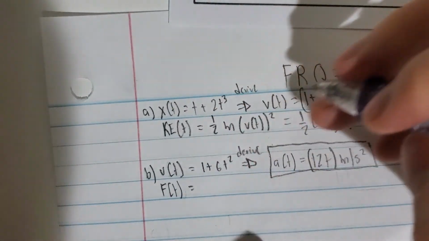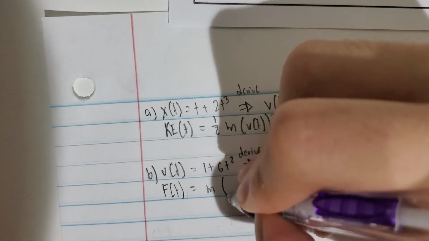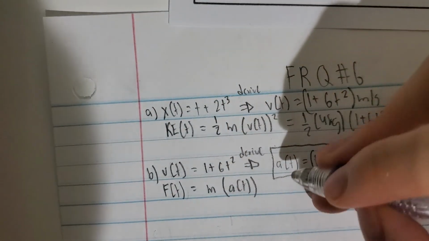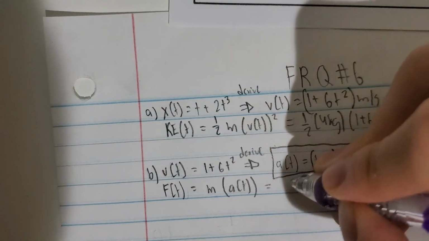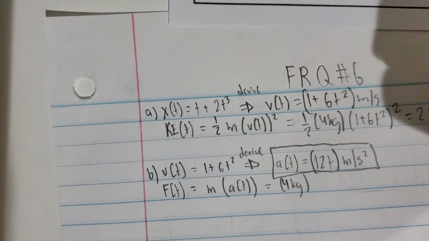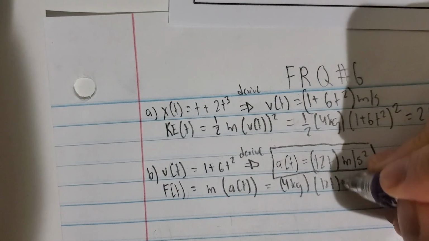Now for force. Force is equal to mass times acceleration, so F of t is going to be equal to m times the acceleration function, a of t. Mass is 4 kilograms, and I'm plugging in a of t, which is 12t meters per second squared.